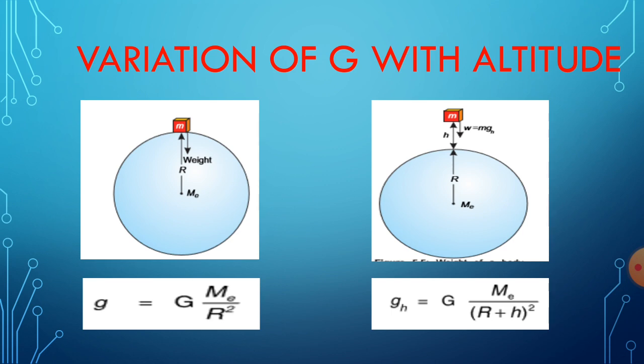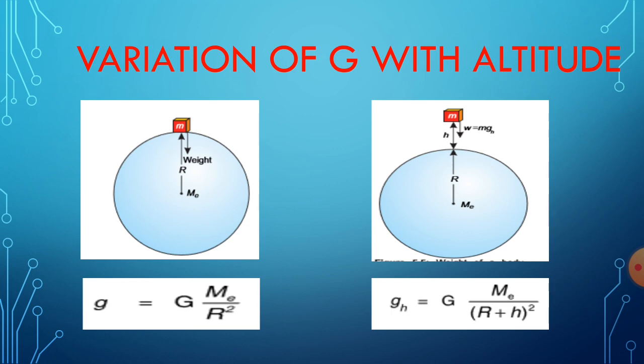So we have defined that gravitational force is actually the force that is responsible for attracting the object towards the center, and this force is inversely proportional to the square of the distance between the object and the center of the earth.